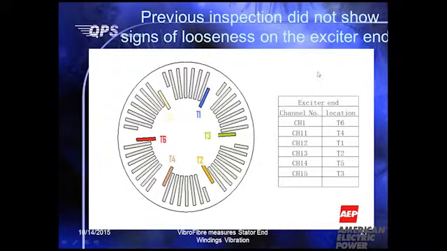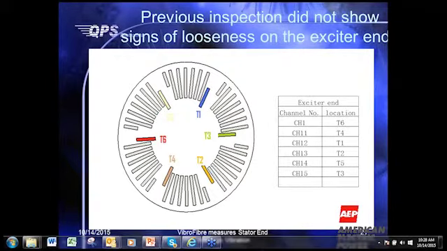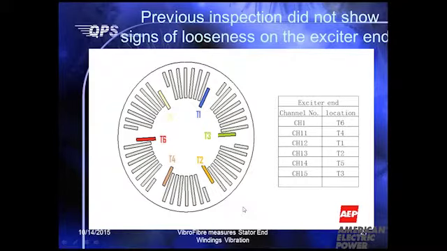In the prior inspection, we didn't see any looseness in the exciter end. So AEP instructed us to place the 6 sensors at locations that are evenly distributed, and the exciter end never showed any sign of looseness.